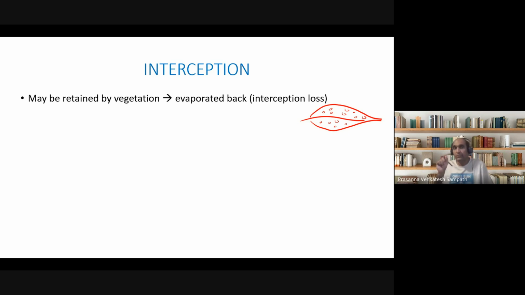Right now, it's on the leaf. Just imagine what are the things that can happen to that water. I've just drawn one leaf. Imagine hundreds of leaves on a tree, each leaf having some 10, 20, 30 drops of water. Some of those drops can evaporate back. I've already given you one idea. What other things can happen?